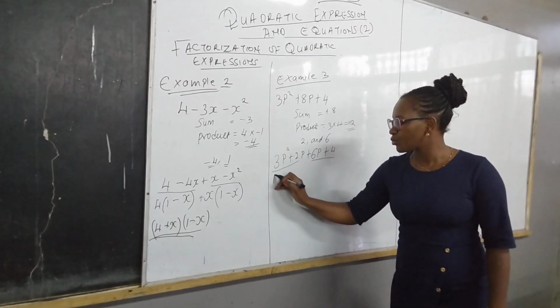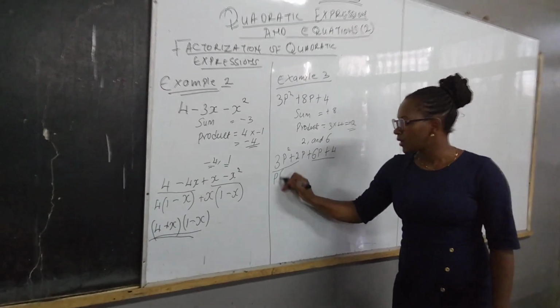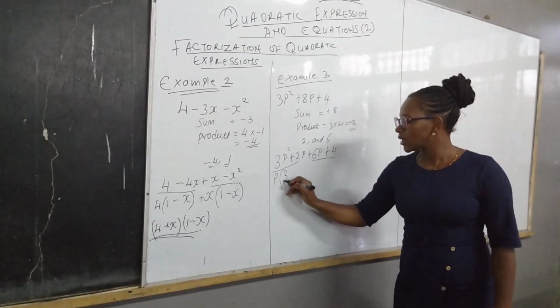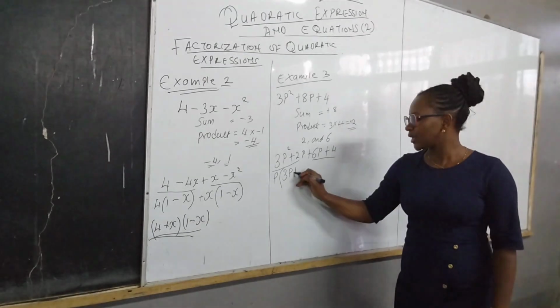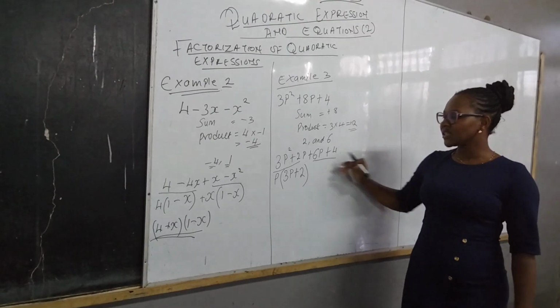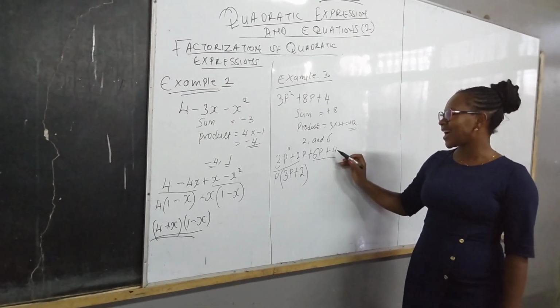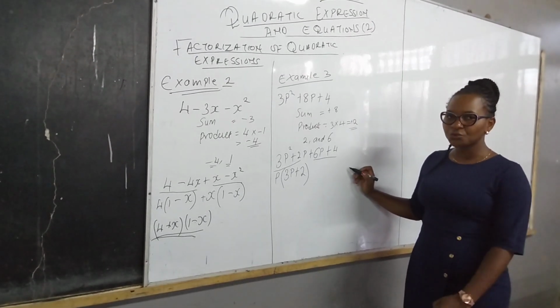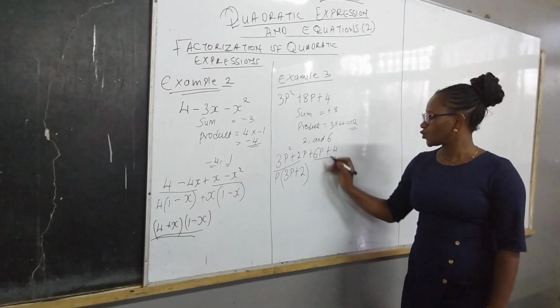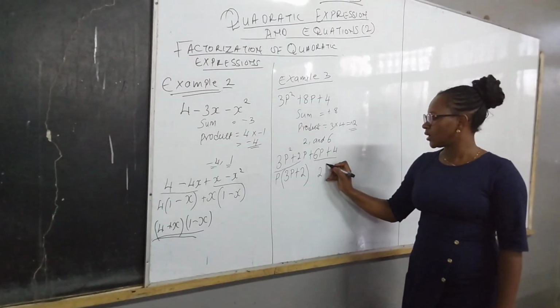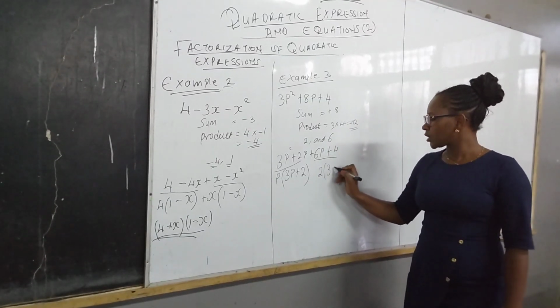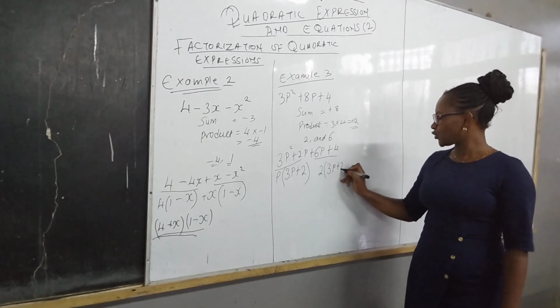That means p is common, so we factorize p. Then here we are left with 3p plus 2. In the second pair, between 6p and 4, we have 2, which is common. So we'll be having 2 left with 3p plus 2.